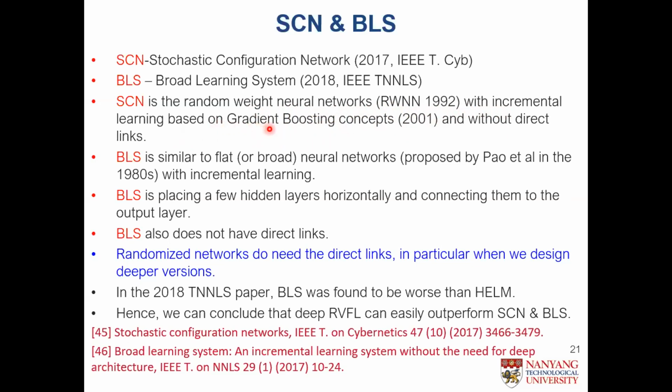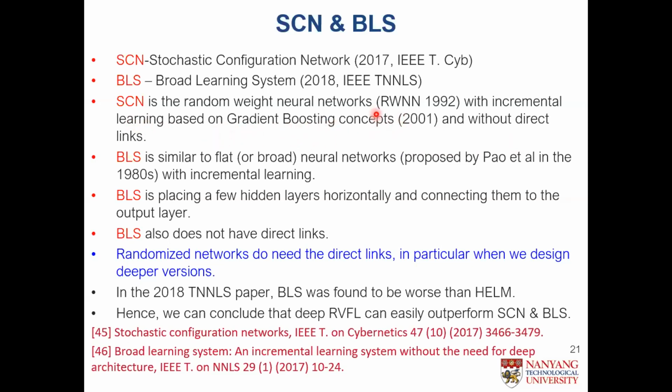You may have heard about the gradient boosting concept. It is coming from about 2001 or 2002. The researchers proposed this gradient boosting concept, I think, for random forest or decision trees first, in the early 2000s. SCN also does not have direct links.